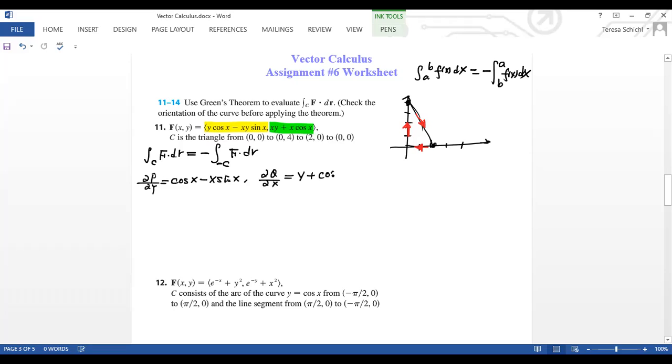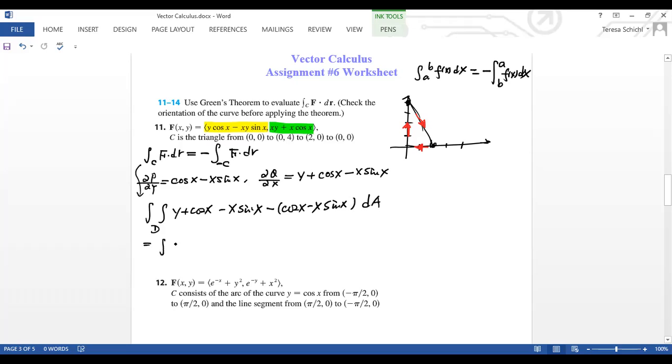So plus cosine x minus x sine x. Now this integration is going to be integrated over this region. Now partial Q partial x minus partial P partial y: so it's y plus cosine x minus x sine x minus cosine x minus x sine x, right? And the name is dA here.